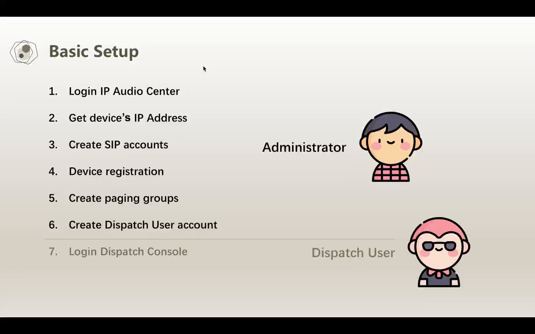We finished the device registration on the device system page, where we put in the SIP account to make the registration done. We also created the paging groups, created the dispatch user account, and used that account to log into the dispatch console. So that is the very basic setup from the ground up.